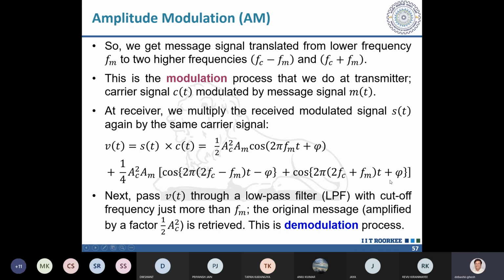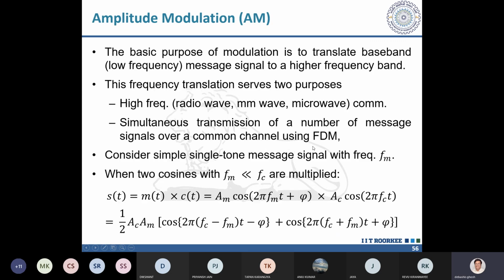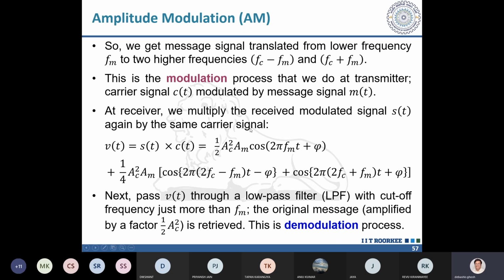Now you see, this is cos 2 pi fm t plus phi. This is the same message signal which I had on the other side. Am cos 2 pi fm t plus phi was my original message signal. So you can see I have already got my m(t).